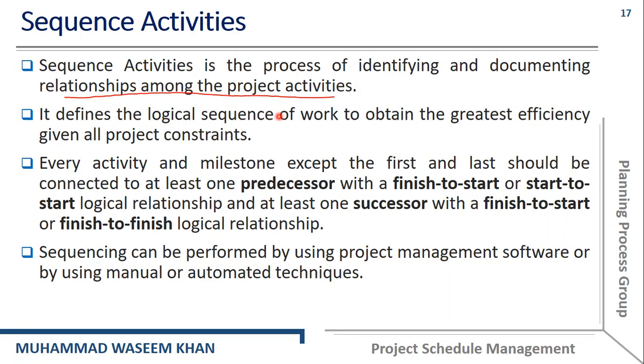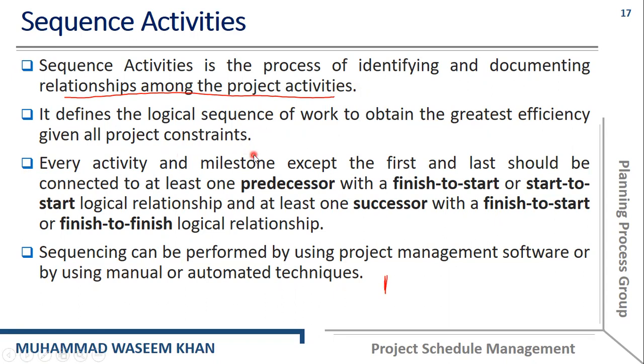Now it's time to identify the relationship among those activities and to find out which activity will be performed first and which activity needs to be performed second, and so on. So it defines the logical sequence of work to obtain the greatest efficiency given all project constraints.